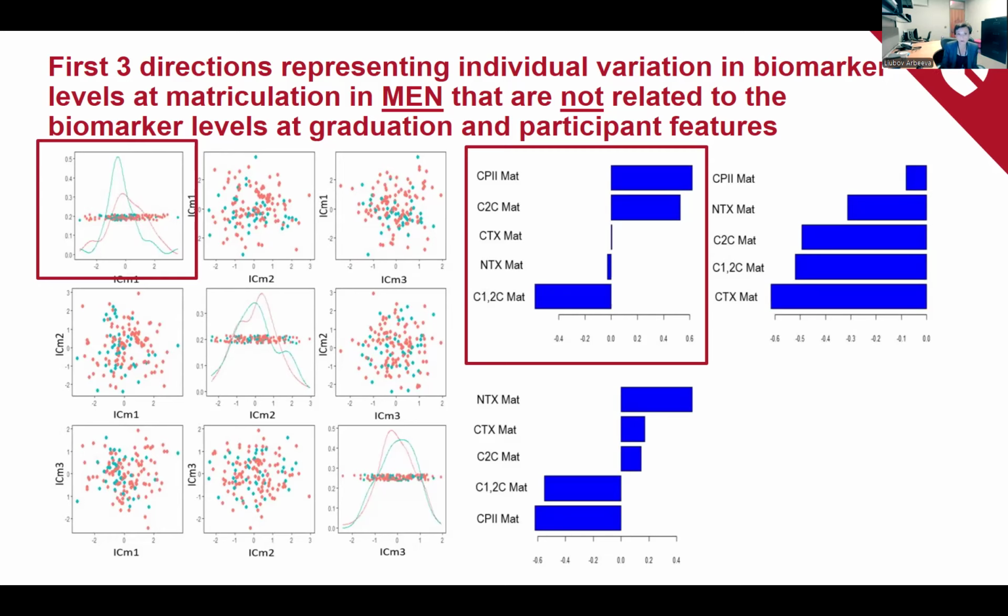So I will also add that age-adjusted levels of CP2 measured at matriculation were higher in men without injuries during and after school completion in t-test, p-value was less than 0.05, and they were also negatively associated with incident injuries after adjustment for smoking status in logistic regression. So, this was used to confirm results from Arbeeva.